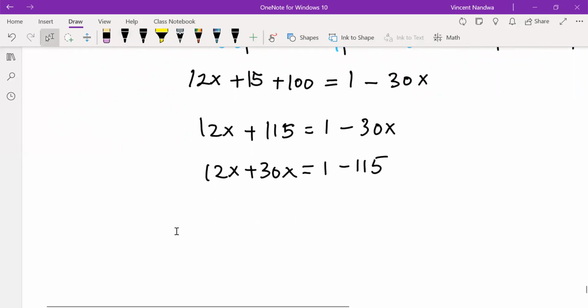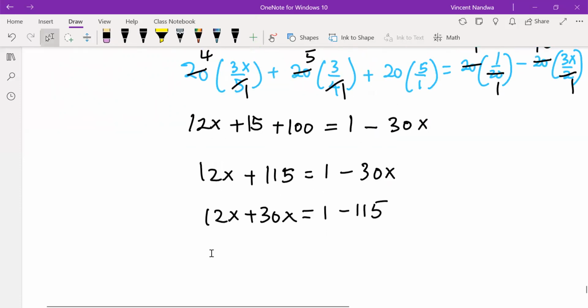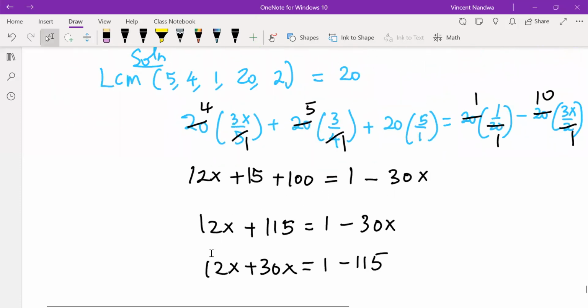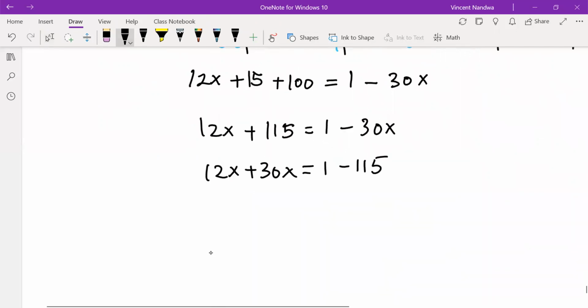Which will give us 42x equals minus 114.